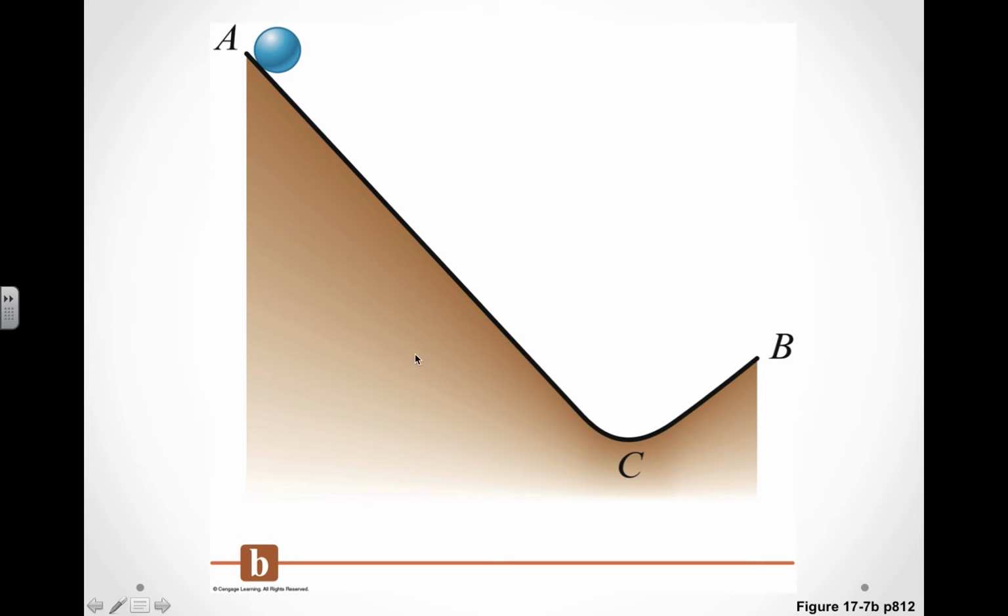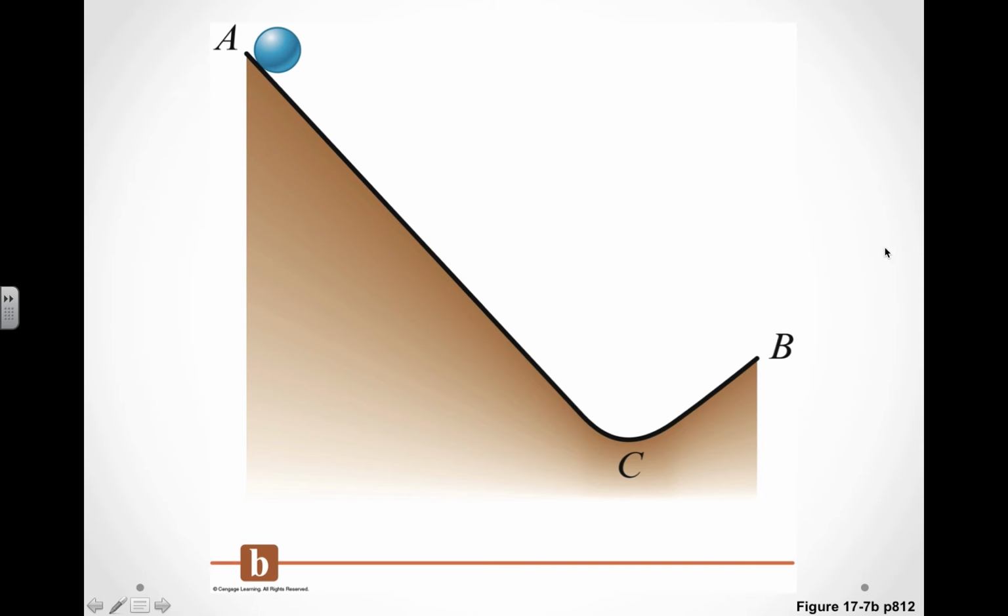Let's put this into the context of Gibbs free energy on the y-axis and reaction progress on the x. At point A, if we have all reactant, Gibbs free energy is going to be rather high.